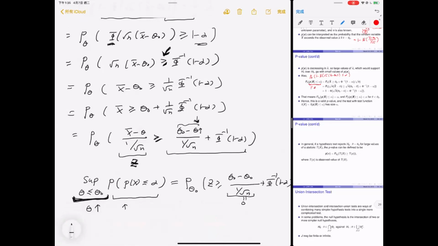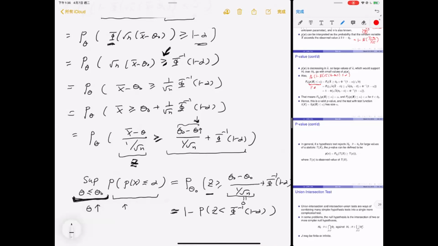Then z bigger than something is 1 minus the probability of z smaller than that. Let me just put equal to, how about that?